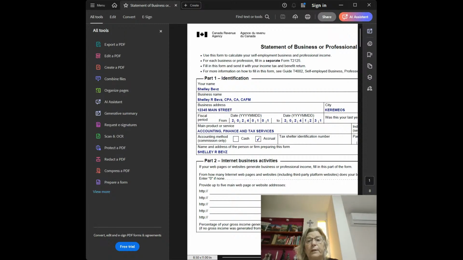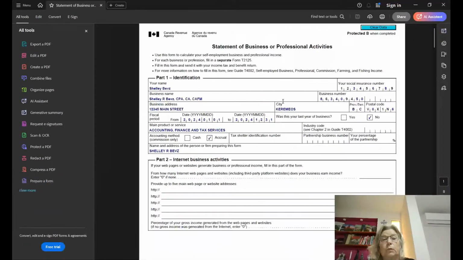So what I am going to do here is I'm going to stop sharing the screen and I'm going to switch to the other screen. Here we go. This is the actual business form.